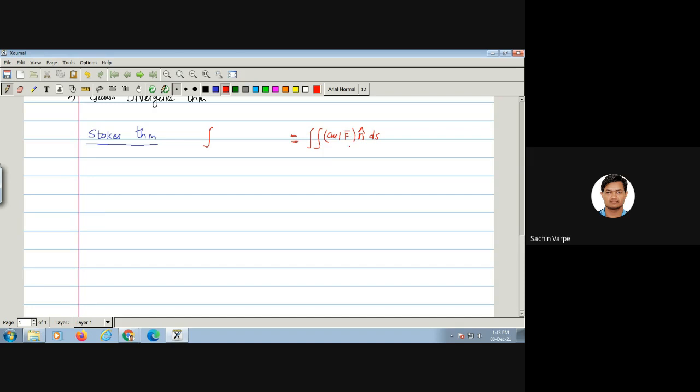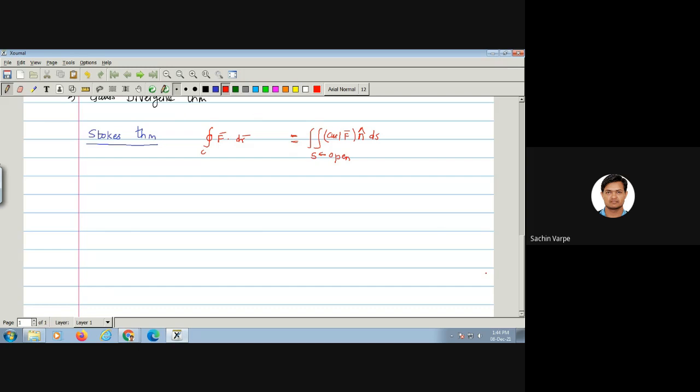And that integral is taken over an open surface S bounded by a closed curve C, and that is equal to the line integral over the closed curve C of f bar dot dr bar. Is this clear?